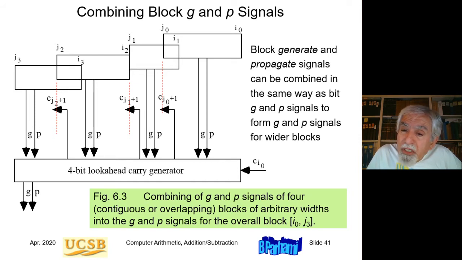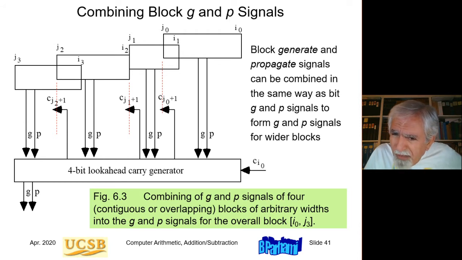4-bit look-ahead carry generator. By the way, 4-bit is not a magic number. You can design a 3-bit look-ahead carry generator or a 5-bit. But experience has shown that with 4 bits, 4 input gates are easily built. They're slower than 2 input gates, but not by much.